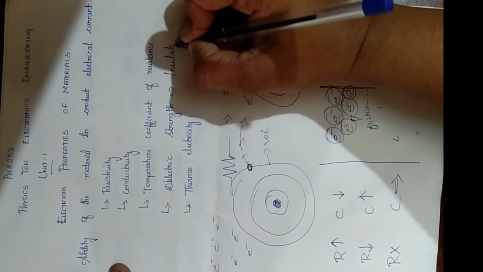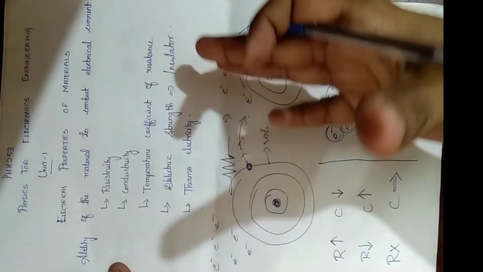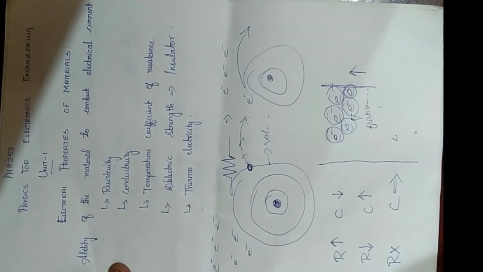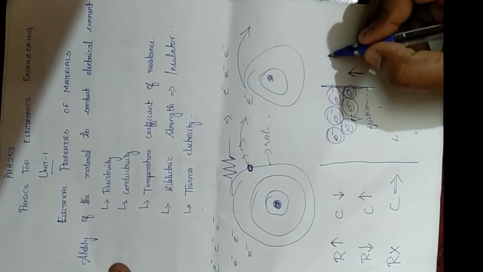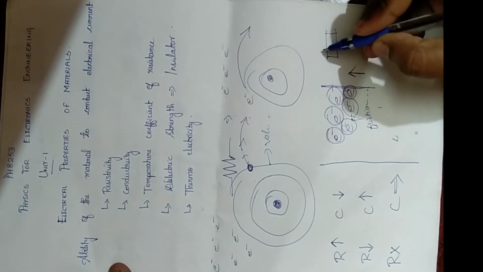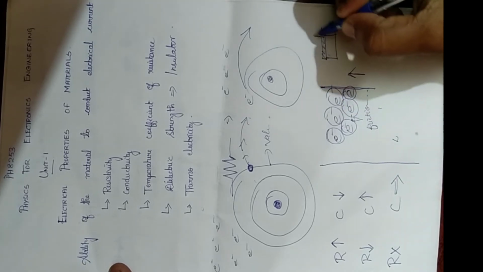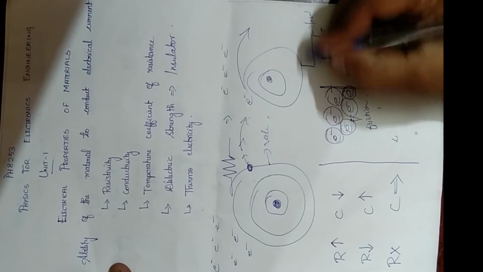The dielectric is nothing but the insulator. What is an insulator? An insulator stops the electron flow from one material to another. It never allows the electron to flow from one to another. That is, it does not pass electricity. It does not allow the material to pass electricity to another material. This is what the insulator does.